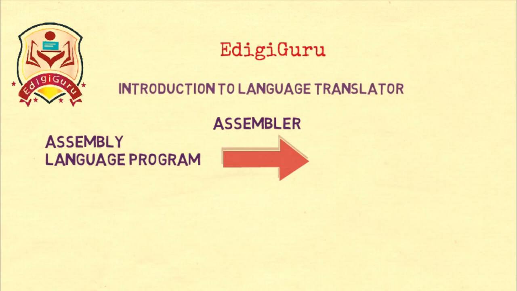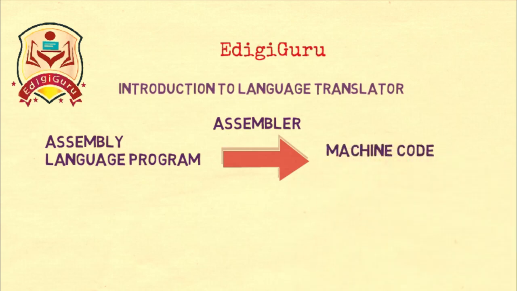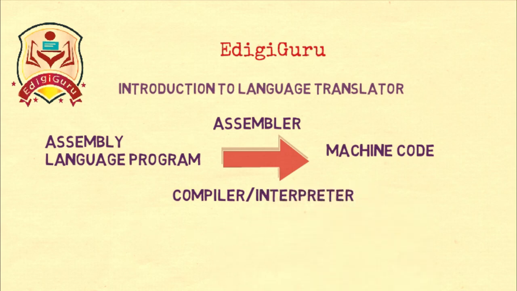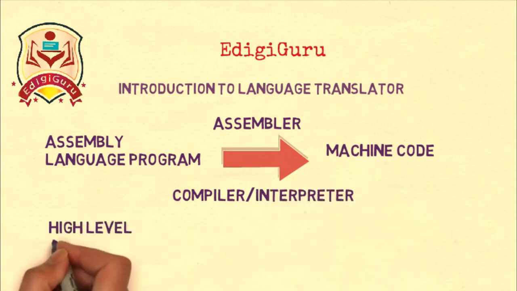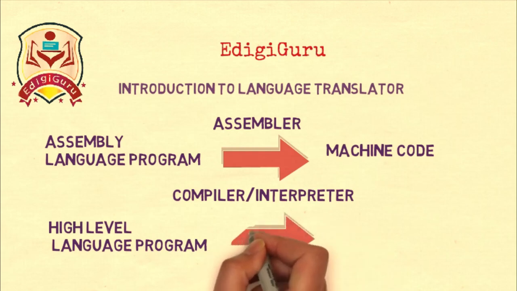Assemblers are the type of translators which are used for converting the assembly language program into machine code or machine language. Whereas compilers and interpreters are the type of translators which are used for converting the high-level language program into machine language or machine code.